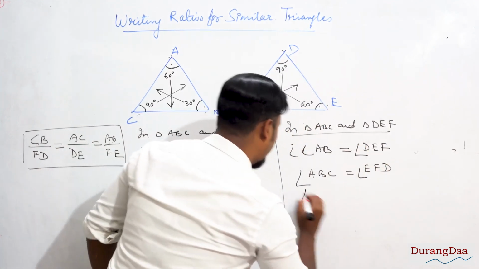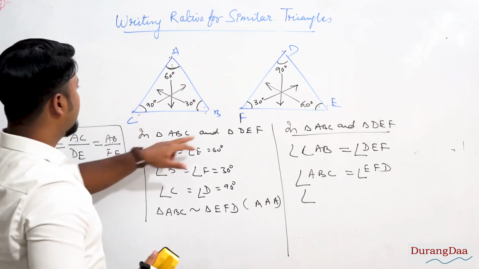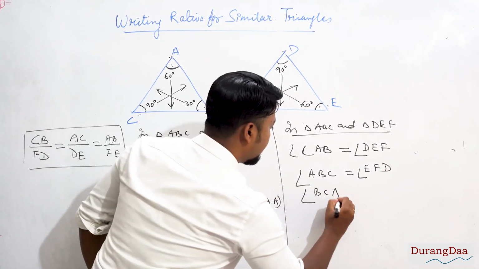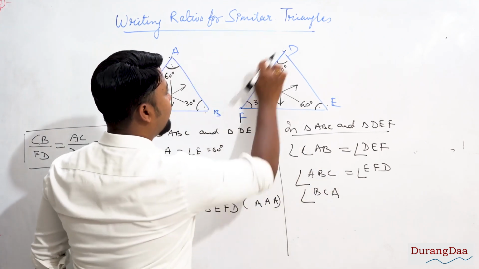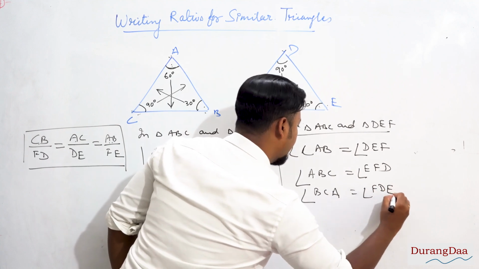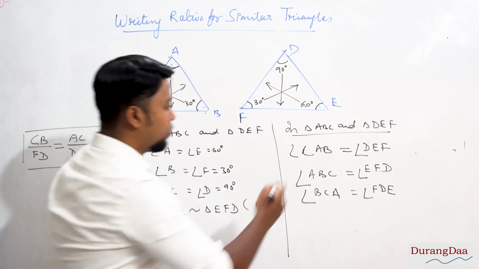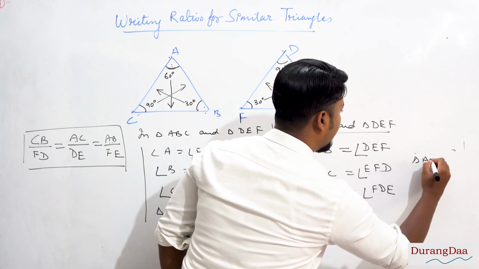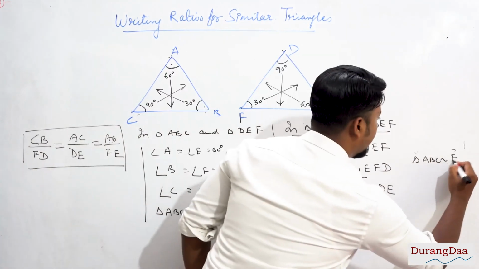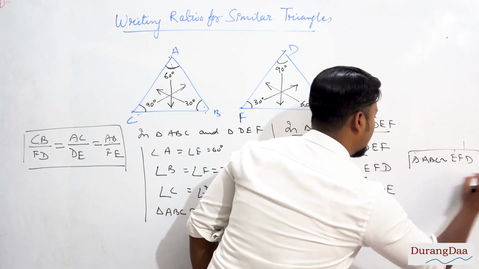Last, the 90 degree angle is BCA, and here the 90 degree angle is FDE. Now the two triangles are similar. Triangle ABC is similar to triangle EFD. Till here no problem.